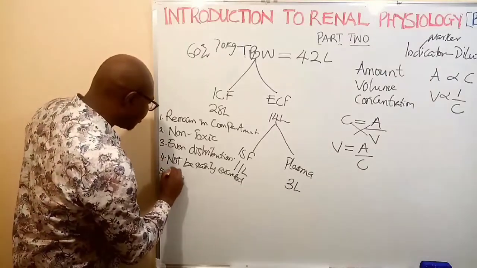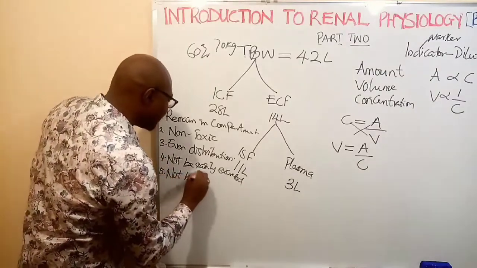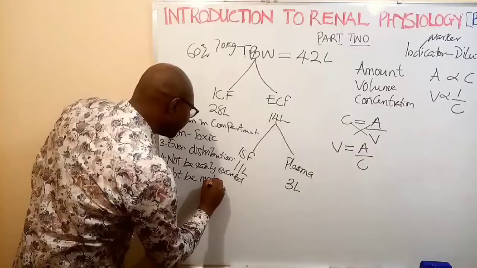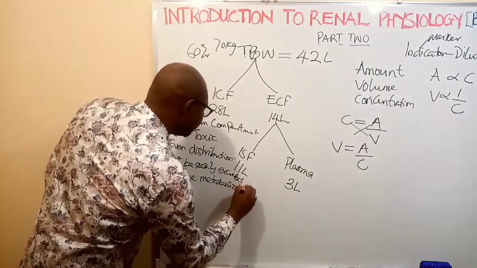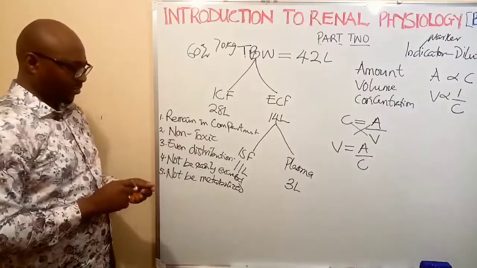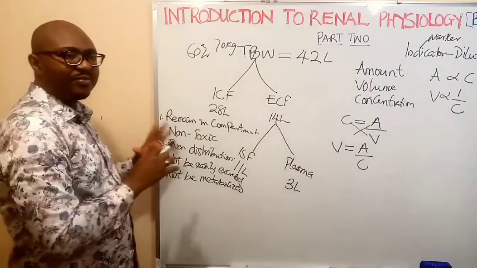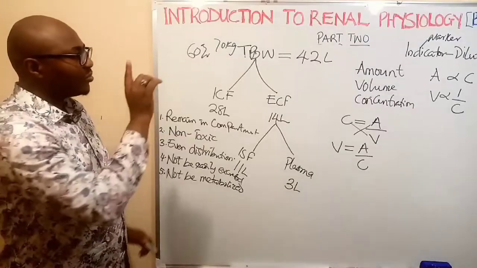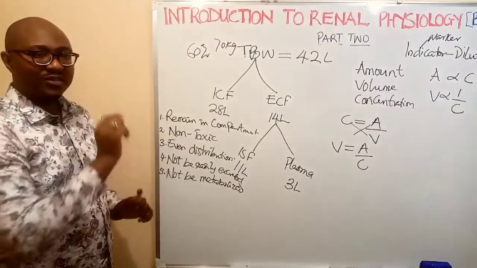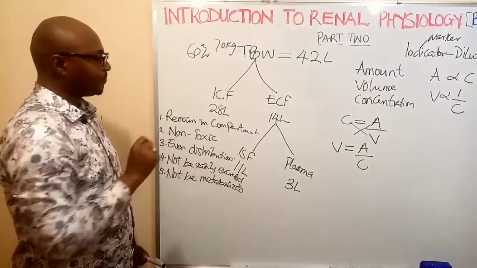So it should not be metabolized by the body. Okay? There's some other little properties, but these are the major ones. Okay? So that is what that marker or indicator has to fulfill.